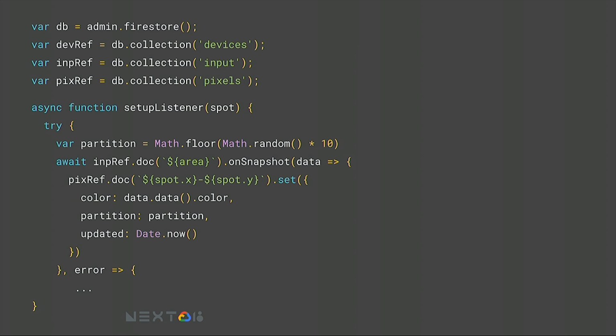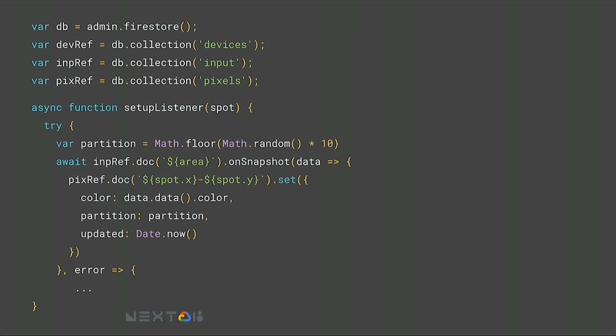To show this a little more concretely, here's a code snippet using a key feature of Firestore, which is the real-time updates. At the top we have references to the database and each of the collections in it, and in our init function, we call this setup listener for each spot.